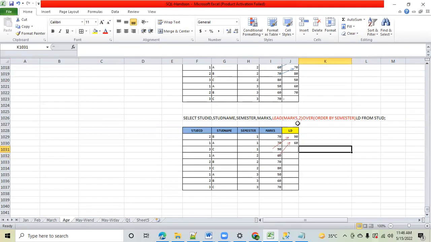So this is what marks comma 2 does. If you have marks comma 3, you can do that as well.